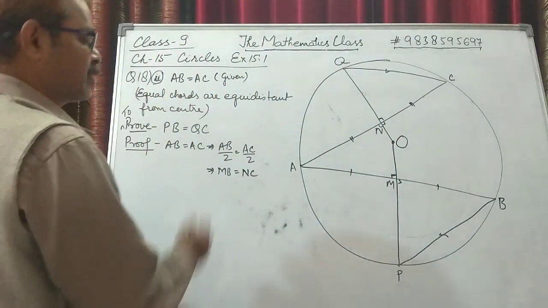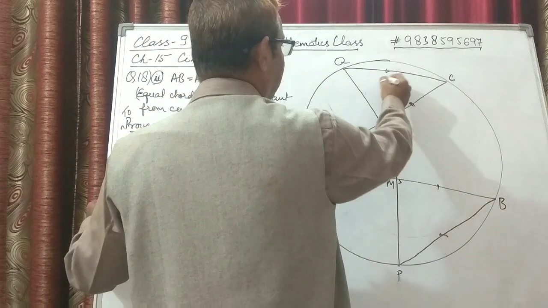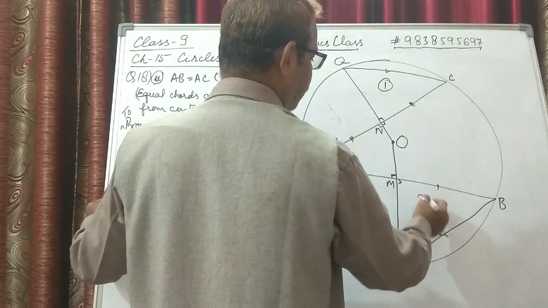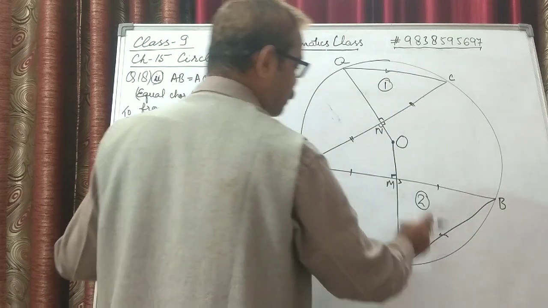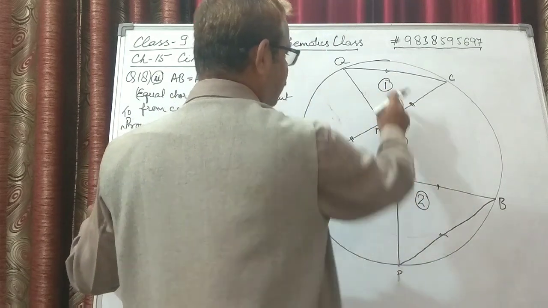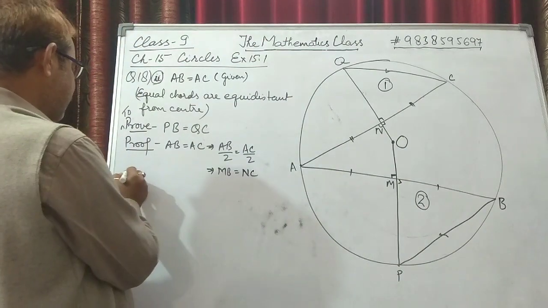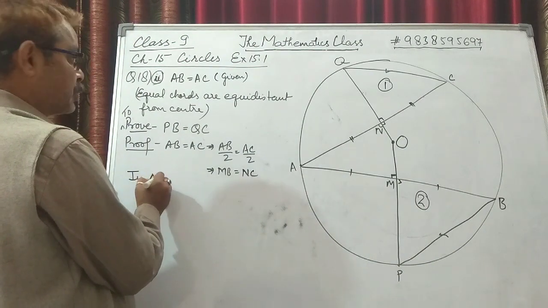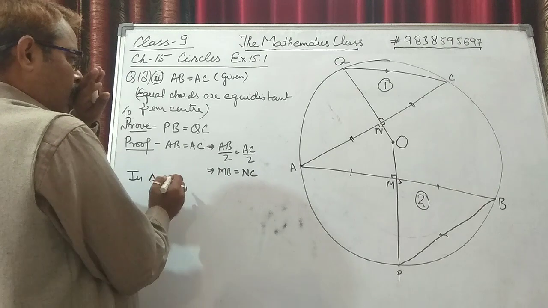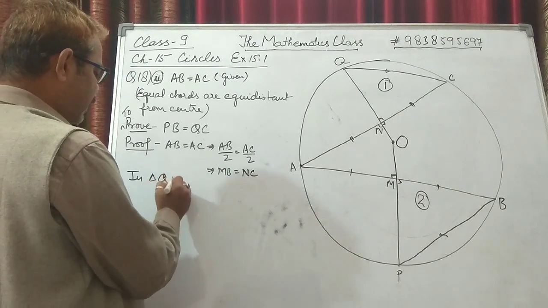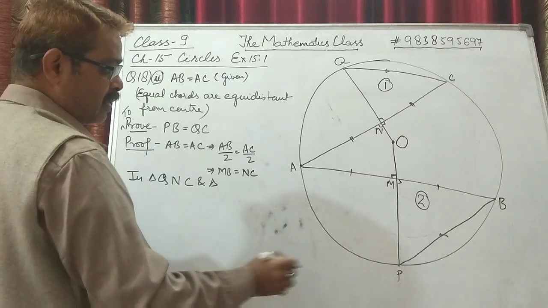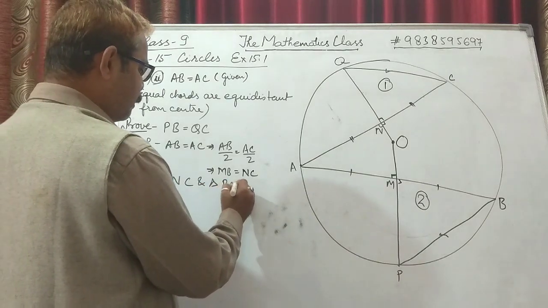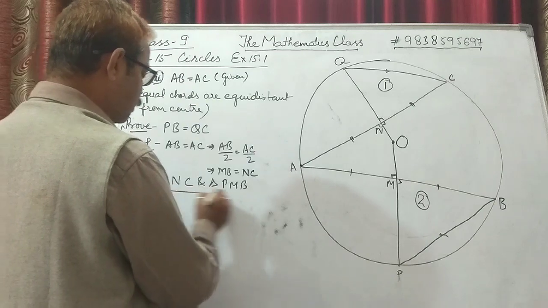So simply I will take these two triangles, triangle number 1 and triangle number 2, because to prove QC and PB, in any case we have to consider these two triangles. So we will say in triangle QNC and triangle PMB.